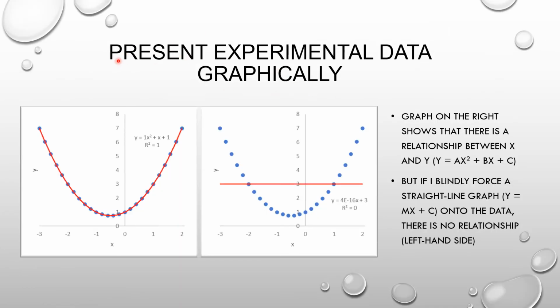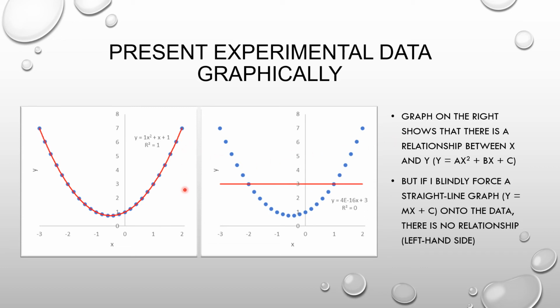Okay, this is my example. Look at the graph on the left. Now this graph is actually a mathematical relationship. Basically your y equals x squared plus x plus 1. I construct the points using the quadratic equation, and the correlation is actually very good. It fits on the best fit line.